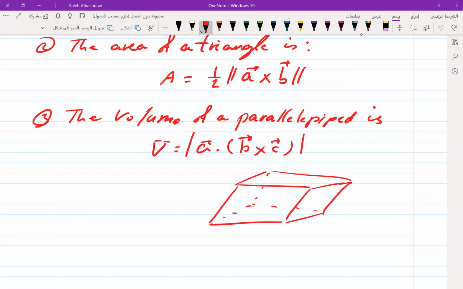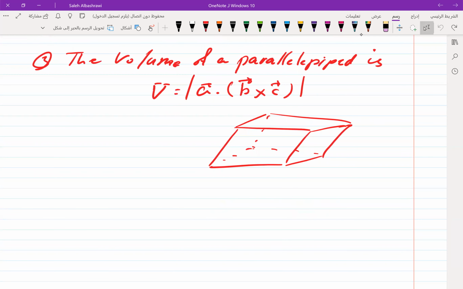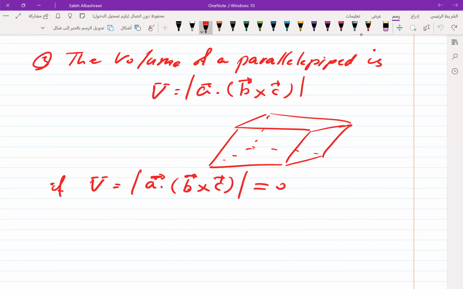Now, if the volume, which is equal to A dot B cross C, is equal to 0, then A, B, and C are coplanar.